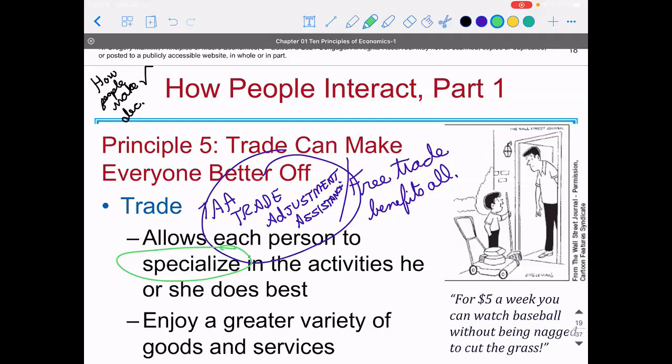And so Indonesians can focus on shoes, and we in the United States can focus on, I don't know, something we're really good at, like law. We have lots of good legal services. We can focus on legal services. And so as a result, Indonesians give us shoes, we give them lawyers and legal services, or we give them electronics, or we give them whatever, right?